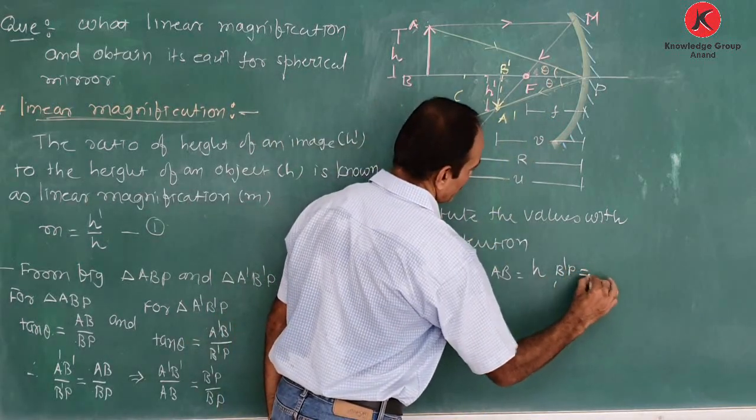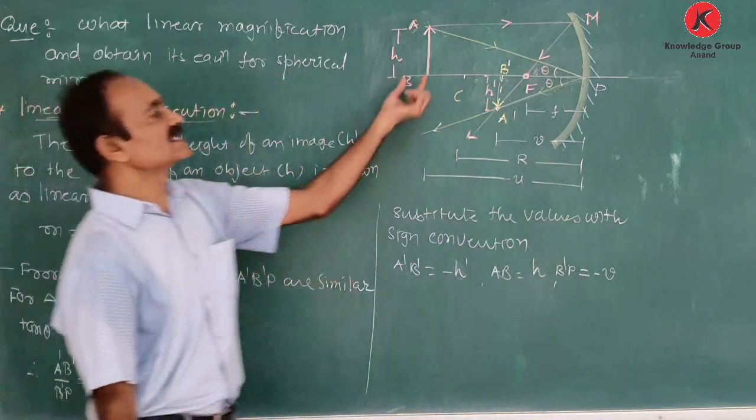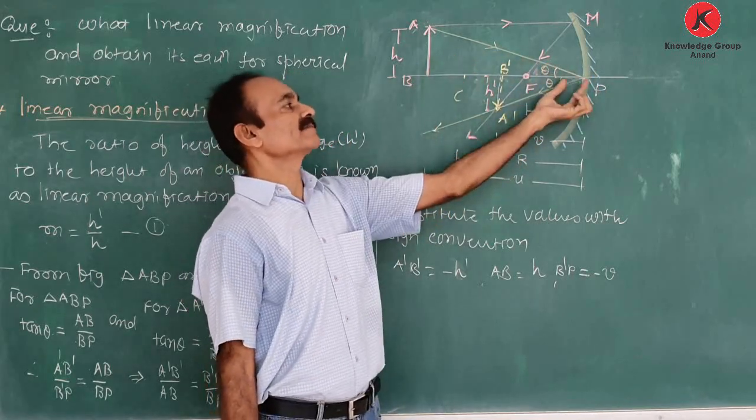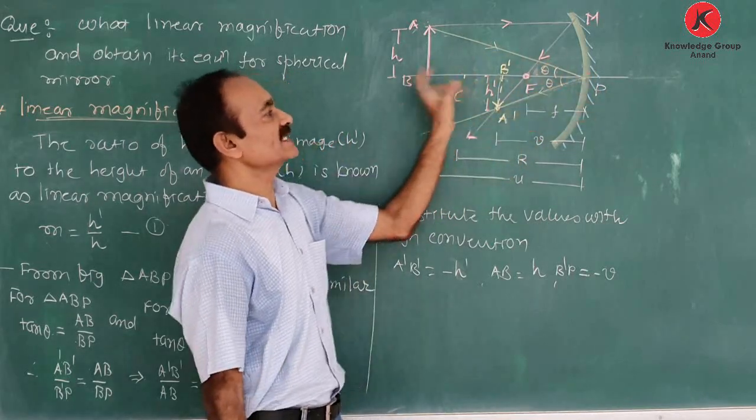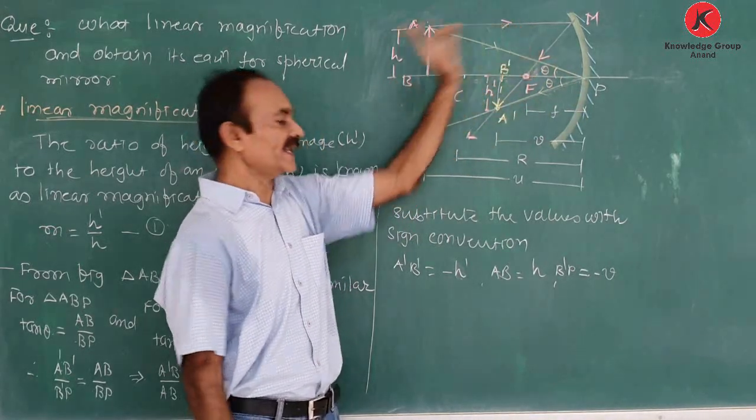So B'P is equal to minus v. And what is BP? BP is the distance of the object from P, that is the object distance, which is also measured in the opposite direction of the incident ray. That is negative.